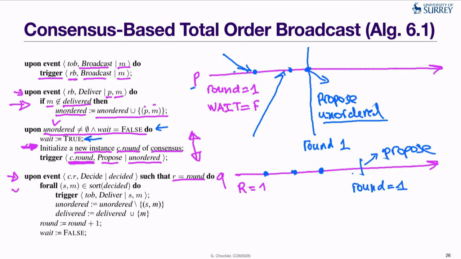There might already be multiple rounds of consensus in progress, because processes execute at different speeds and they can progress to the next round. But any specific process won't go to the next round before it is done with the round it currently is in. Okay, so this is very important.